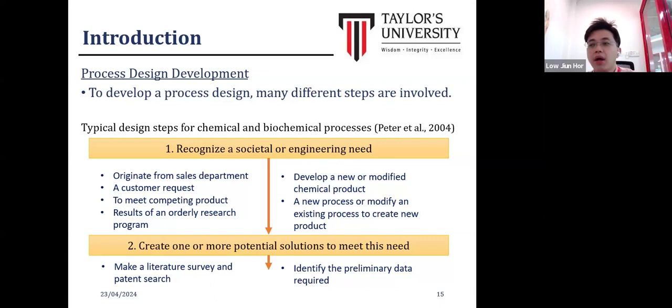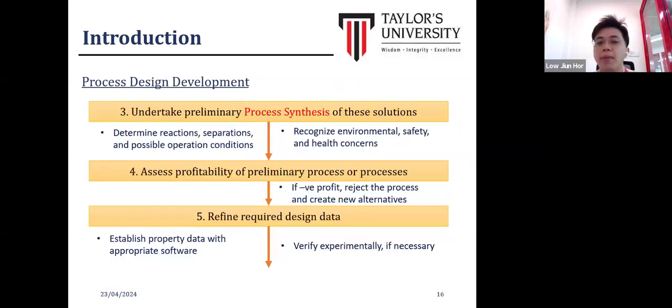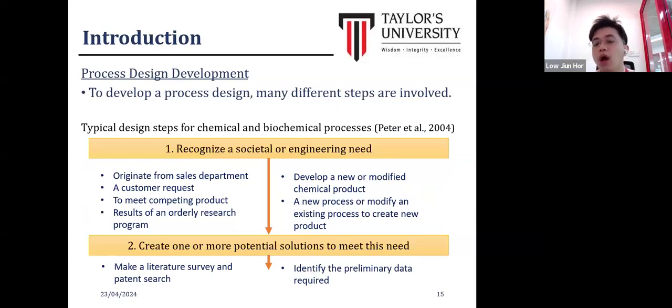Based on my past experience, when your seniors prepare their chemical engineering design project in their final year, they normally follow the steps that I explained here, referring to the framework proposed by Peter. Why? Because this is considered one of the most common frameworks that we normally follow in our chemical plant design.